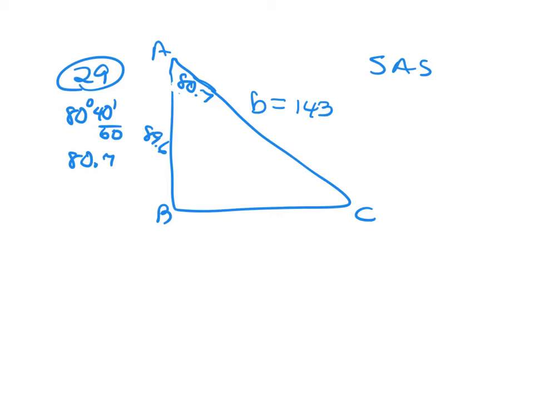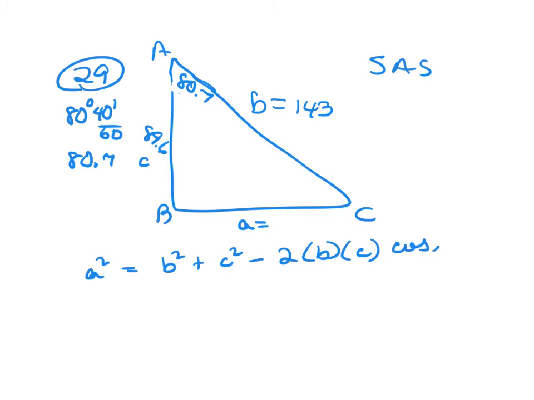So this time I'm going to find the side opposite the angle that I have, little a first. I'm going to do a squared is equal to b squared plus c squared minus 2 times b times c times cosine of A.